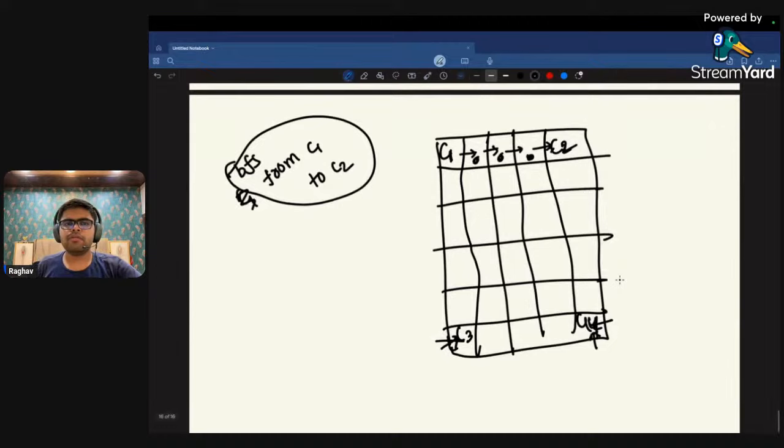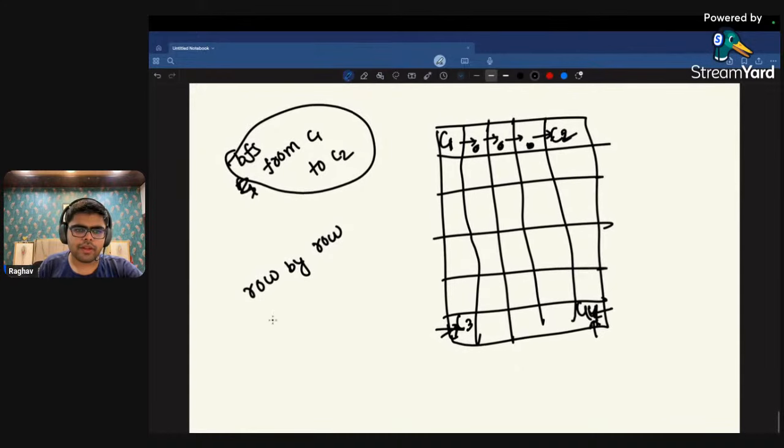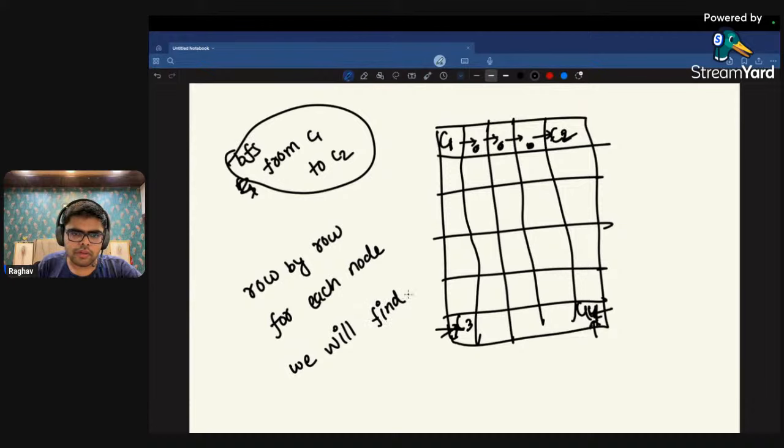So, what we will do is we will go row by row, for each node. We will find its neighbors which have already been placed.